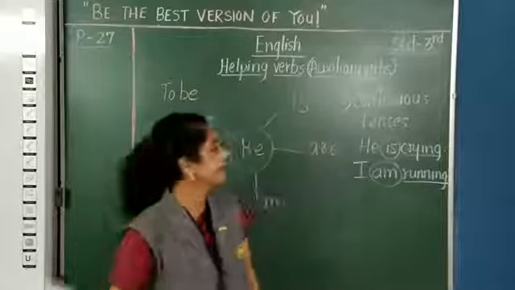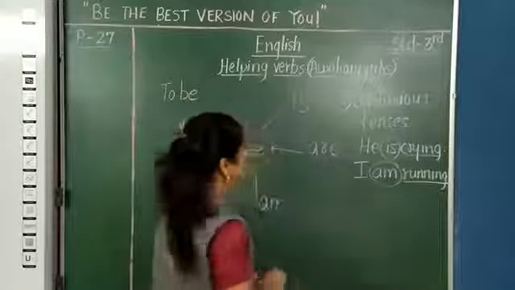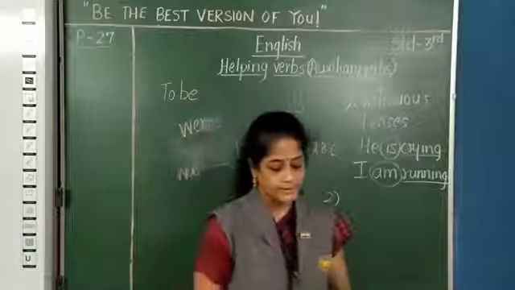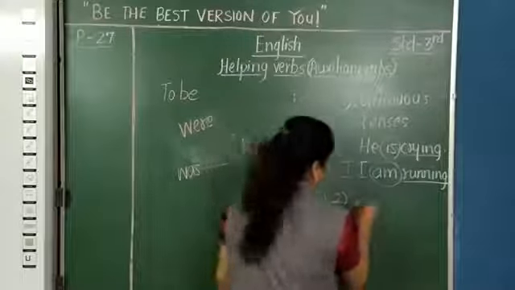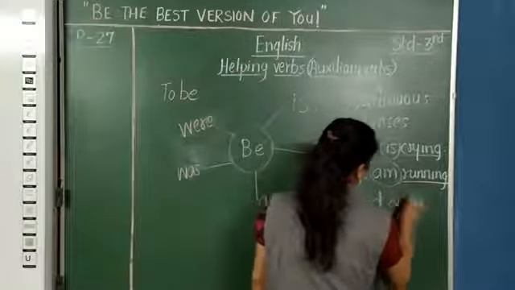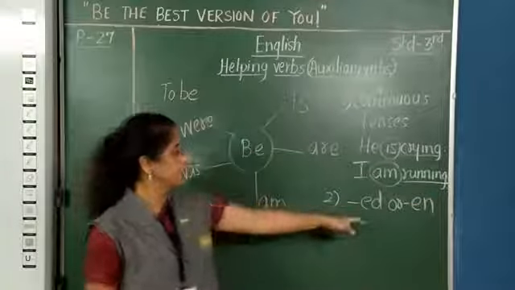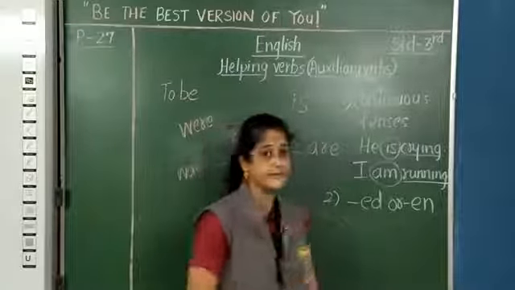There is one more type, when your verbs end with ed. If your main verb ends in ed or en, you use these helping verbs before the word. For example, I was frightened.